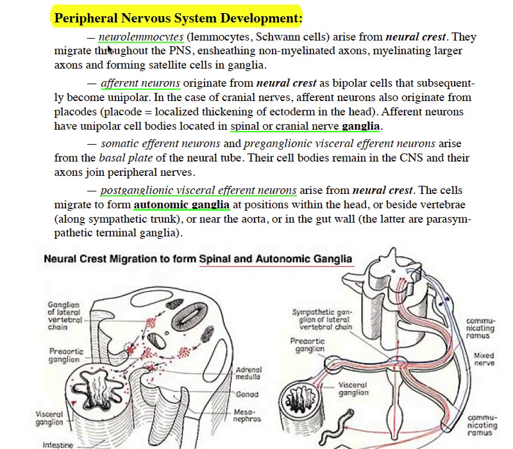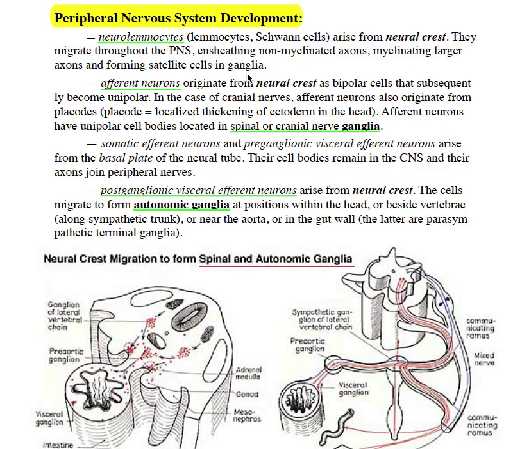There is just one type of glial cell, a neurolemocyte, also called a lemocyte or a Schwann cell. And that cell migrates throughout the peripheral nervous system. It ensheathes non-myelinated axons. It myelinates larger axons that need to conduct at a more rapid rate. And it forms satellite cells that surround the unipolar cell bodies of primary afferent neurons in cranial nerve and spinal ganglia.